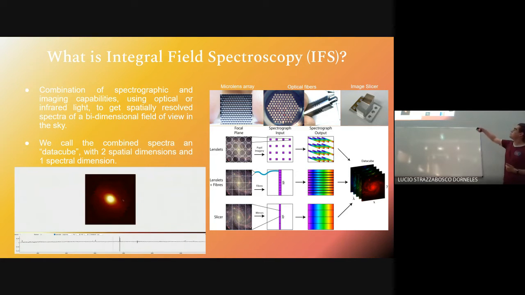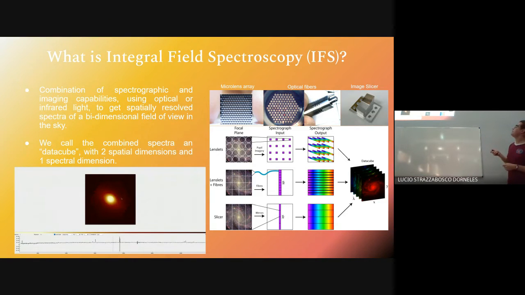The first one, the lenslet: we have a microlens array where the observed light is split into the spectrograph inputs, and we have the diffracted light to compose the data cube. The second one, the lenslet plus fibers: we have a bunch of fibers organized, and they are plugged in the focal plane of the telescope to observe the galaxy.